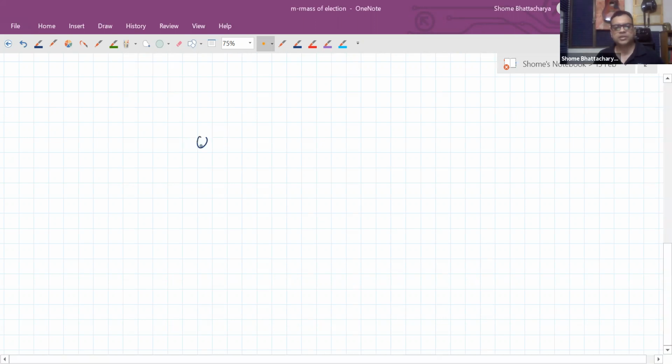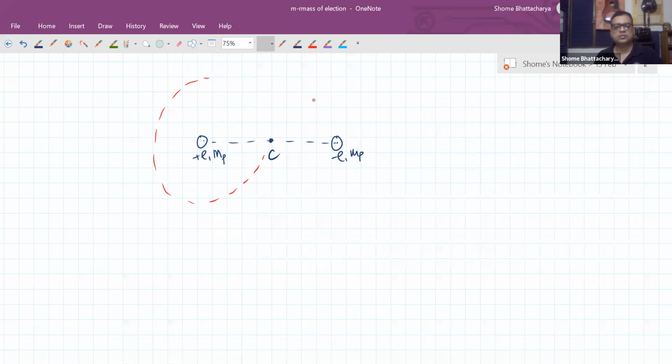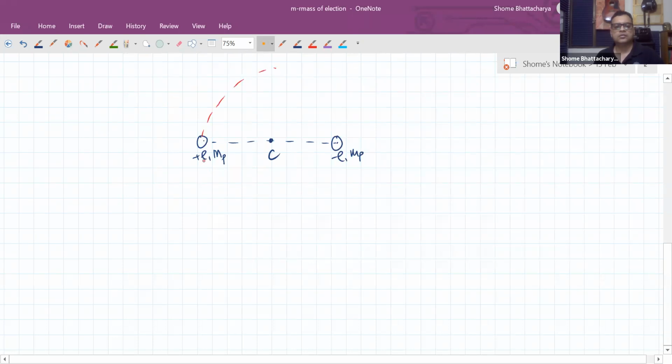Because the only way I can interpret this question now is that we have the proton and we have the antiproton, which are in this kind of mutual orbital motion with respect to their center of mass.